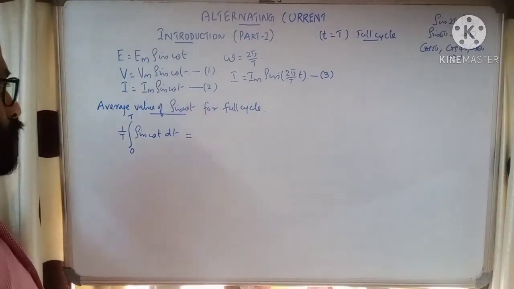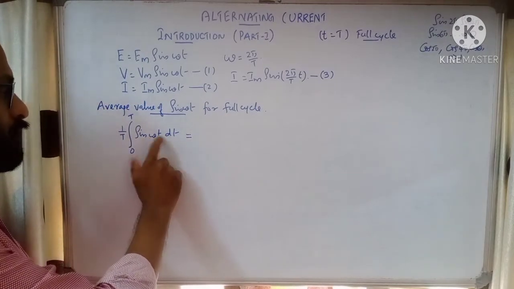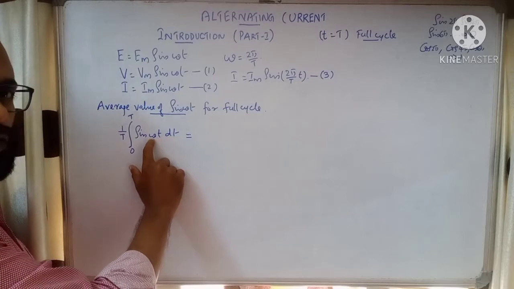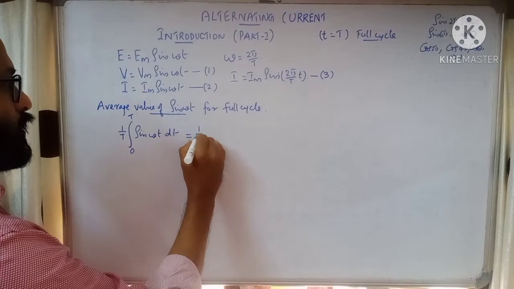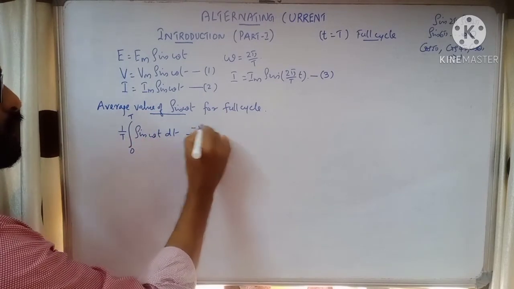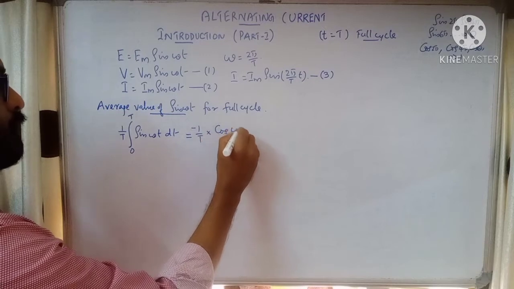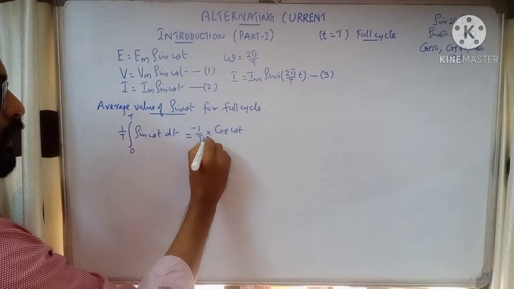Now we are going to integrate this. We know that the integral of sine is minus cos, but it is with respect to t, so we need to divide by omega. So see here, how will we evaluate this? It is 1 by T, integration of sine is minus cos omega t, and this omega we need to divide, so we can take omega outside.